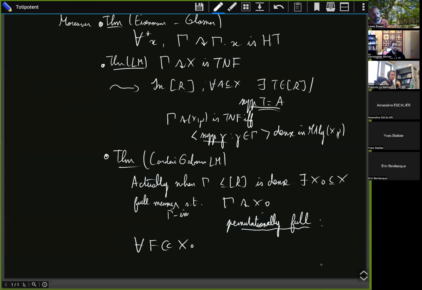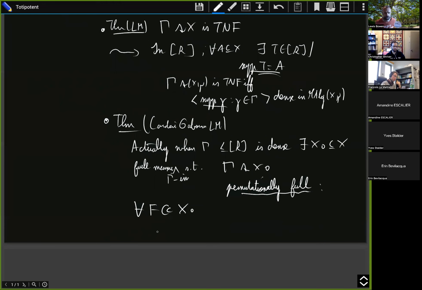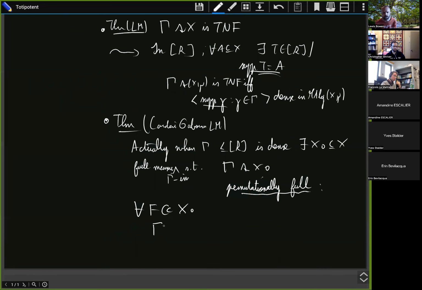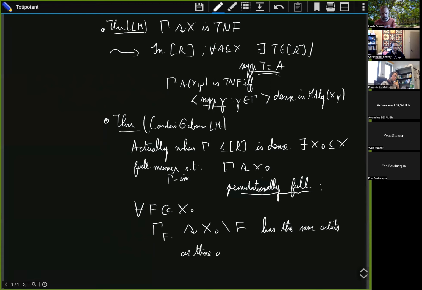Whenever I take a finite subset F of X_0, I always have this pointwise stabilizer of F, which is acting on X_0 minus F. And this has the same orbits as those of Gamma intersected with X_0 minus F.